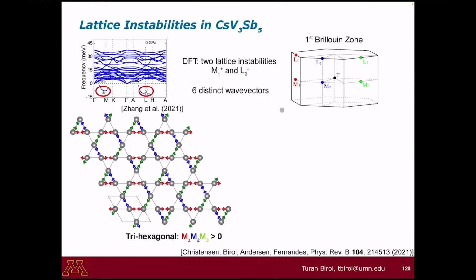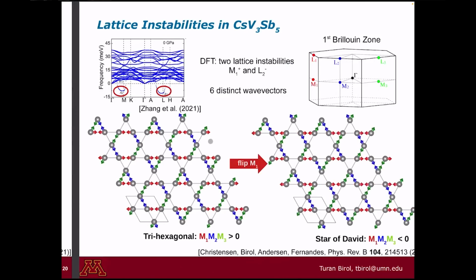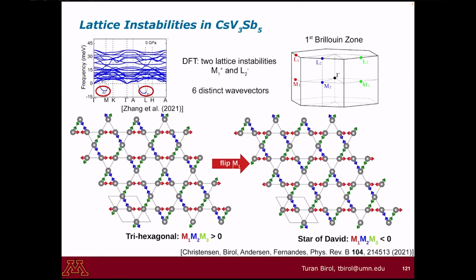So if you take a superposition of the 3 M point instabilities, which I show in red, blue, and green arrows here, when you have an equal superposition, you form this trihexagonal pattern, it turns out. And when you flip just one of the 3, for example just the red arrows, then you end up with these Stars of David.